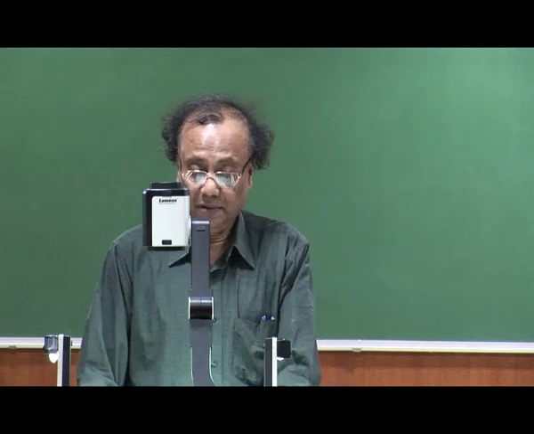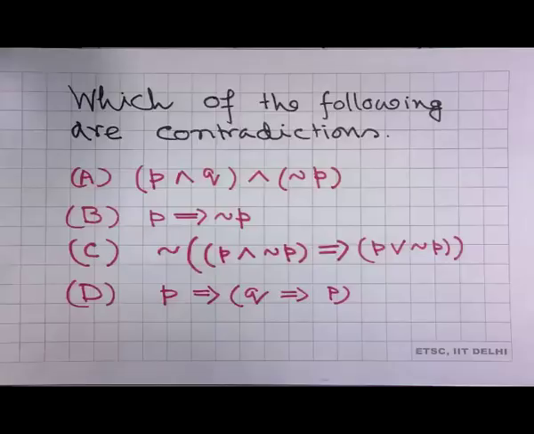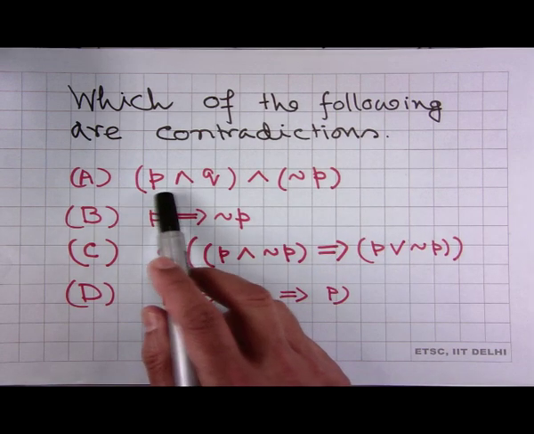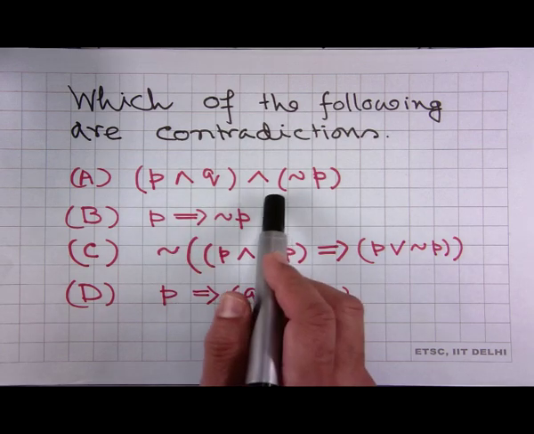This is the problem. Which of the following are contradictions? What do you mean by a contradiction? A mathematical statement is said to be a contradiction if it is false for each combination of the truth values of the component variables.